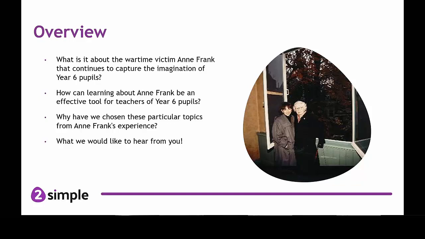Now, the other reason that young people can relate so strongly to Anne is not only because they can read what she wrote and they think, well, I could have written this. You know, she's writing about what I'm thinking about. But also we have an incredible resource of photographs of Anne and her older sister Margot growing up, an unusually large resource of photographs.